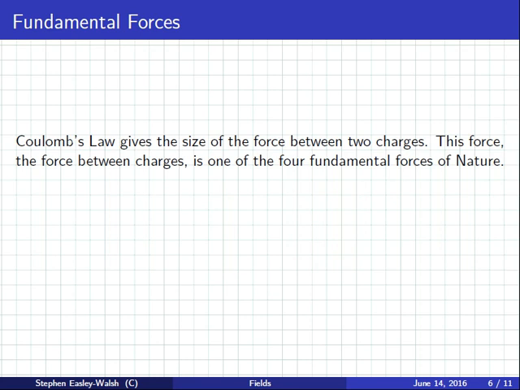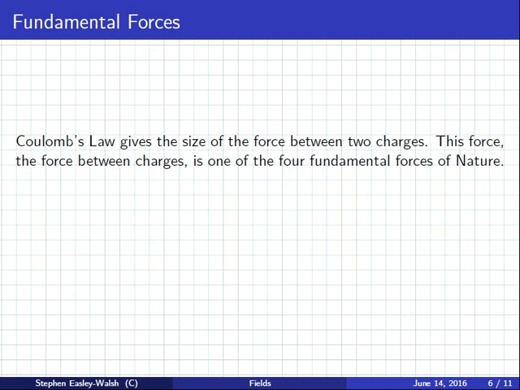What is a natural force? There's four natural forces in the universe. Gravity is one, Coulomb's is another, and there's two more. You don't know, that's fine.